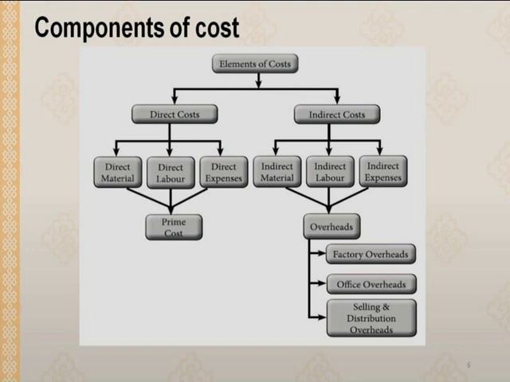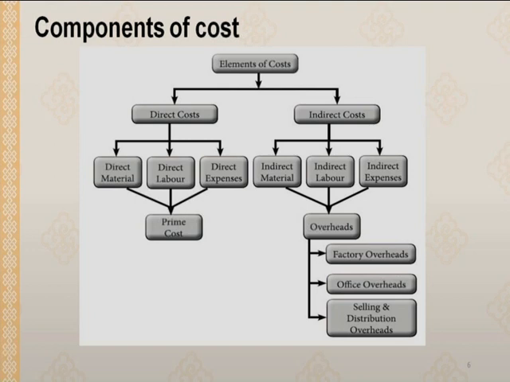Then finally we have selling and distribution overheads: whatever indirect expenses are incurred at the time of selling and distribution, in order to stimulate or enhance the sales, we need to incur certain expenses, and those expenses fall under selling and distribution overheads.